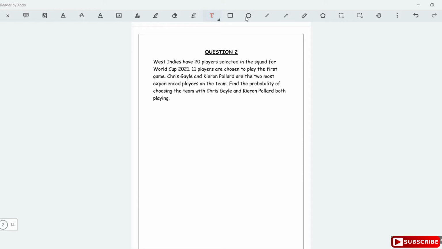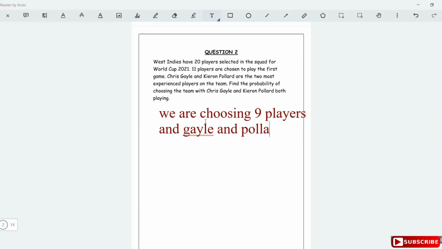So first and foremost, how many players are you selecting? So we are choosing 9 other players. We're choosing 9 players and Gayle and Pollard. So Pollard and Gayle is already chosen.